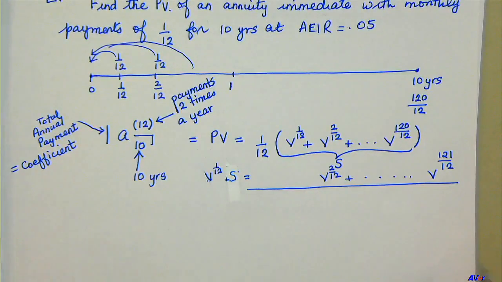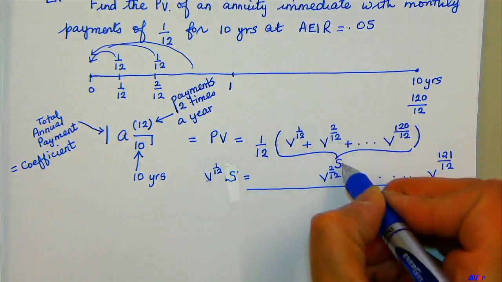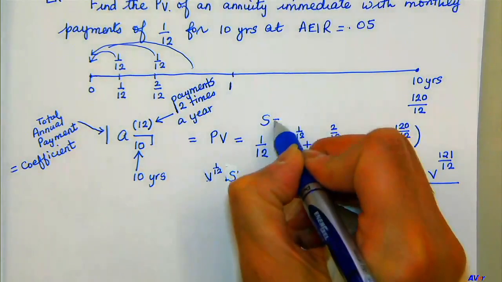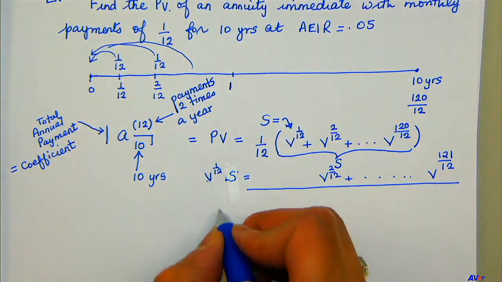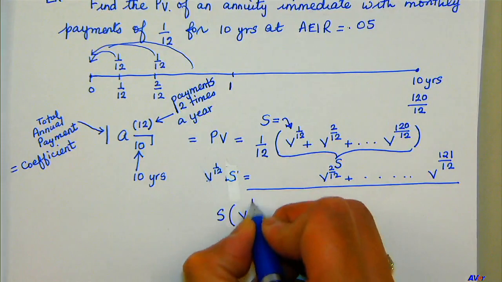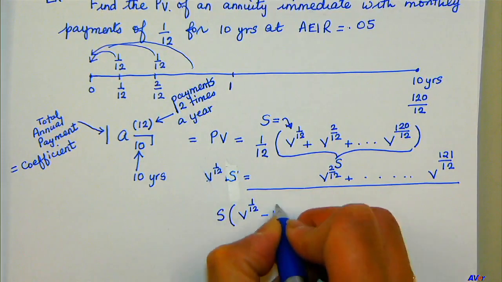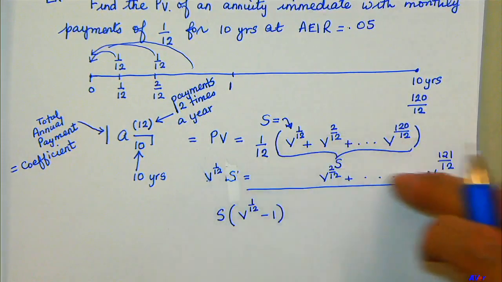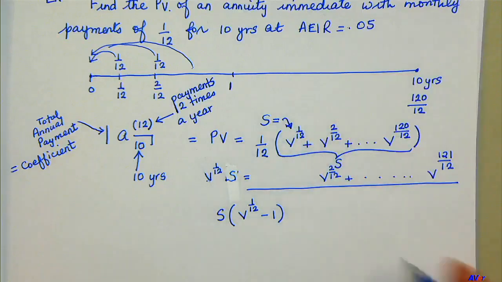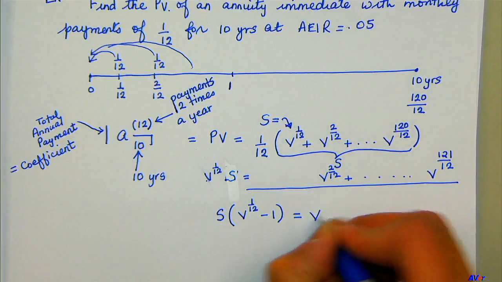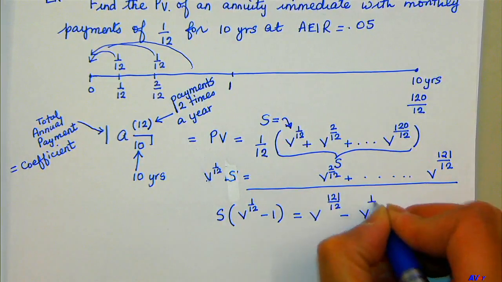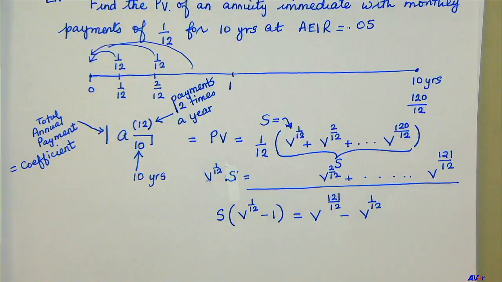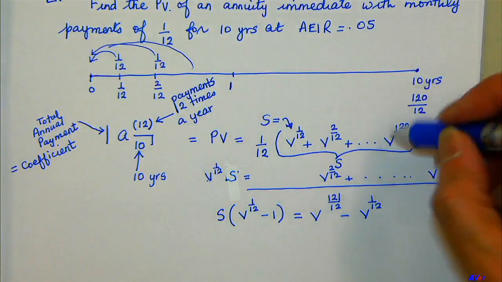Subtract. So this is my S over here. S equals this mess. So when I subtract, I get S parentheses V to the 1/12 minus 1. I'm saying this expression minus the top expression equals V to the 121 over 12 minus V to the 1/12. Because the only thing that's left when I do the subtraction, everything is going to drop like this.